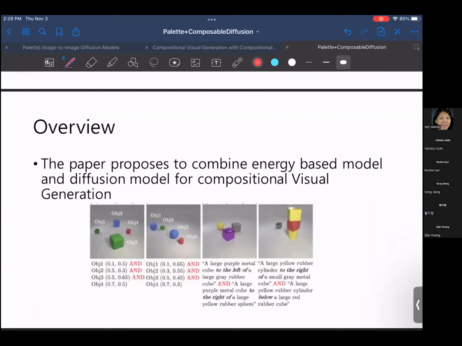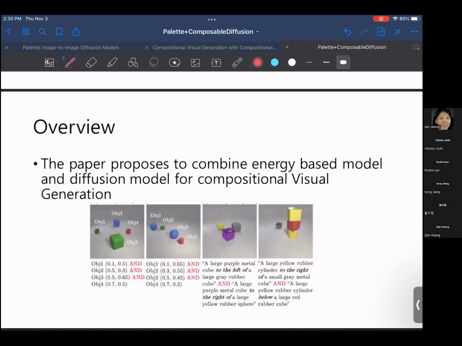From the previous presentation given by Shichang, there was a model named GLIDE, and they are specifically targeting the problem of GLIDE, which is that when a sentence constitutes a lot of different conditions, the model will generate weird images.